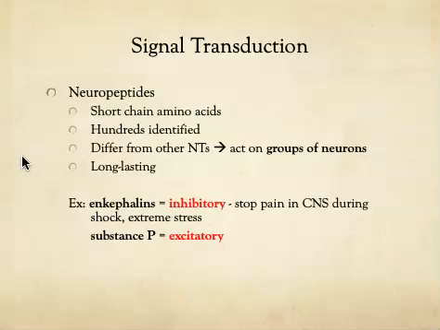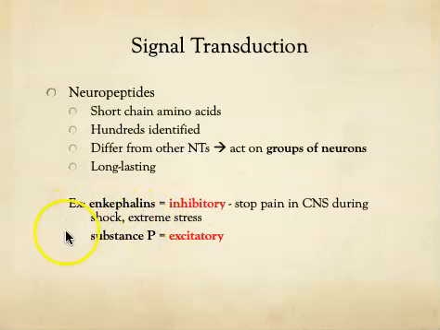So the effects are going to involve multiple postsynaptic membranes. Neuropeptides tend to have long-lasting effects. And depending on the neuropeptide that you're talking about, some of them are excitatory, some of them are inhibitory on the postsynaptic cell.